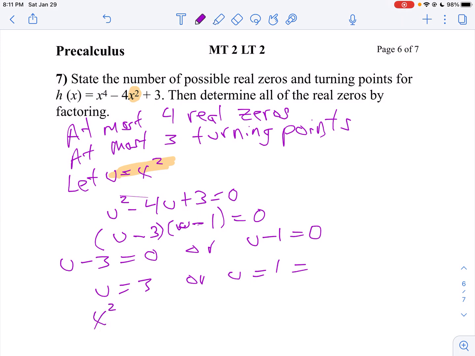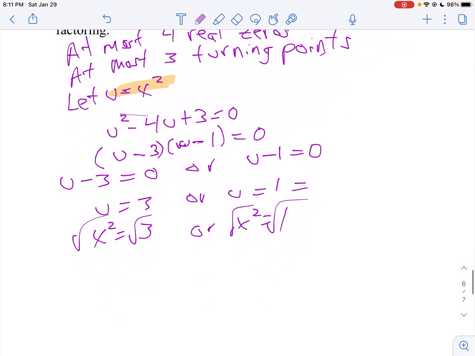So x squared equals 3, or x squared equals 1. So what I'm going to do is take the square root of both sides. So what happens is x equals plus or minus the square root of 3, or plus or minus the square root of 1, which is 1.